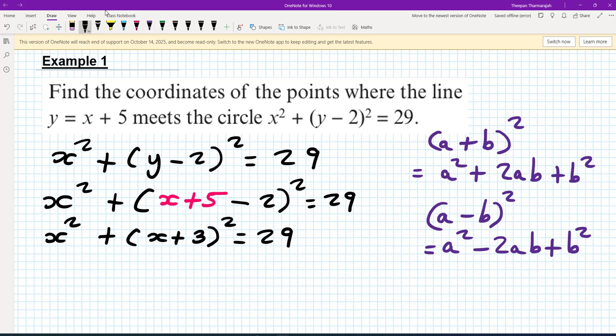Now here we've got x squared, then here we've got x squared plus 6x plus 9.